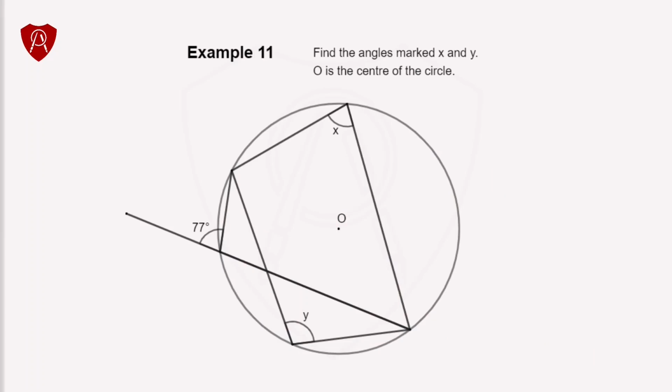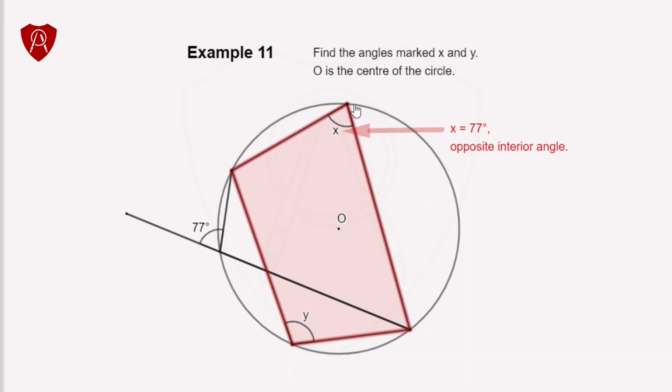Example 11. When we focus on this cyclic quadrilateral, x is the opposite interior angle with respect to this exterior angle, which is 77 degrees. So, x is equal to 77 degrees.